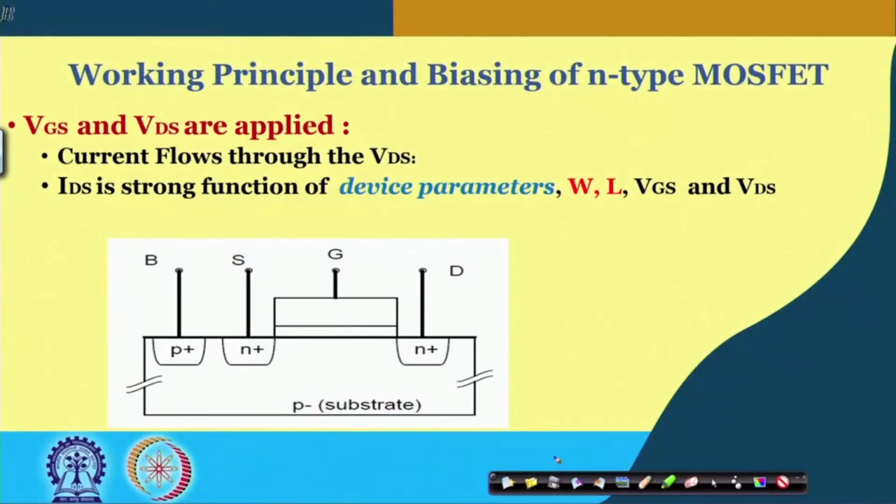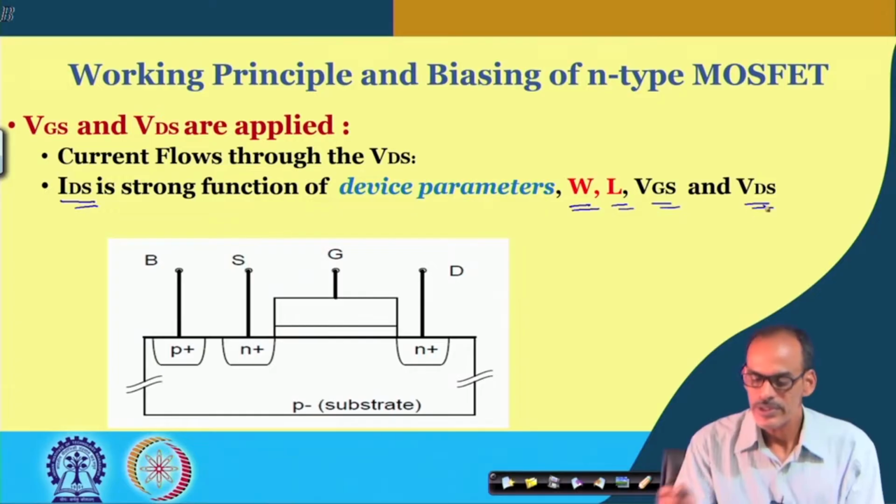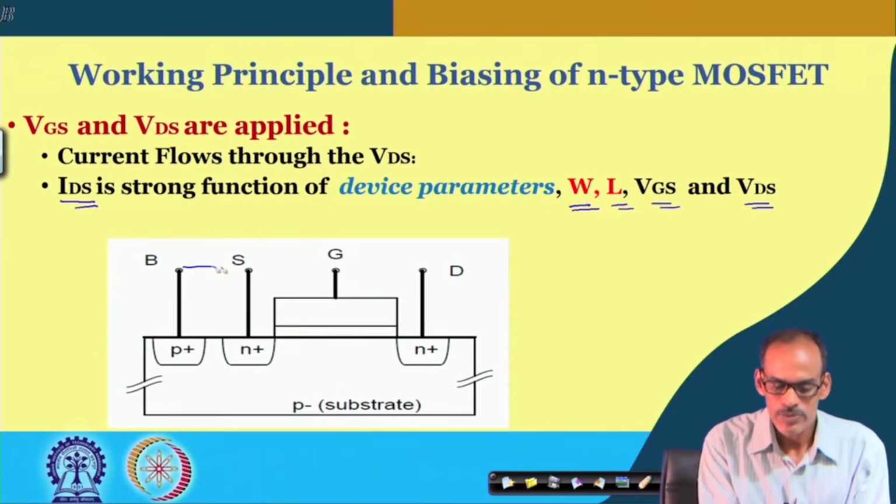So, welcome back here again to the second part of today's module. What we are looking for is the expression of the current as a function of the W's and L's, and VGS and VDS, and VGS and VDS of course, they are applied here.